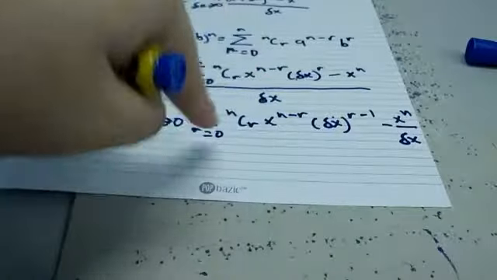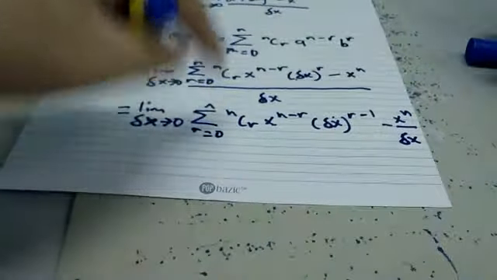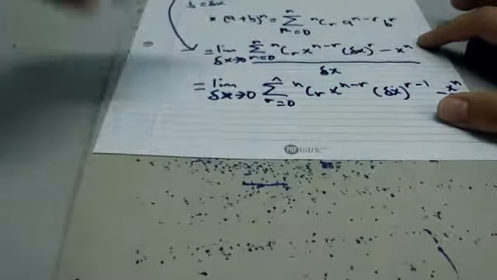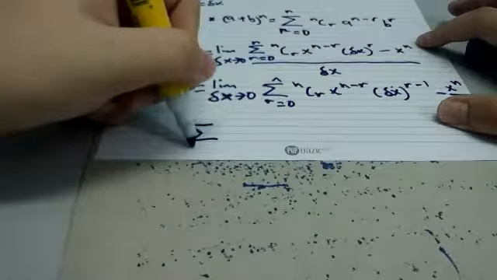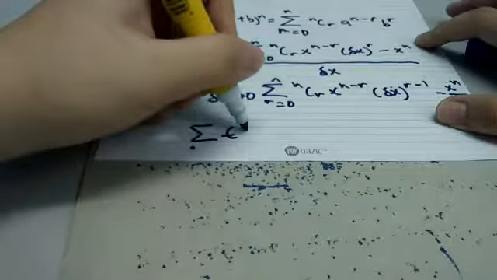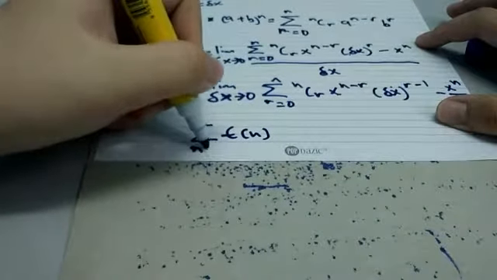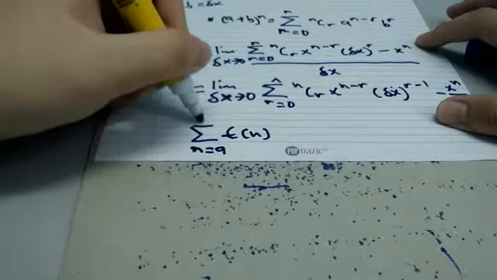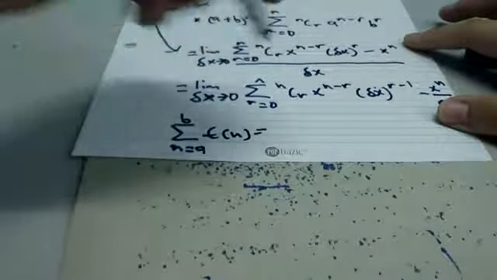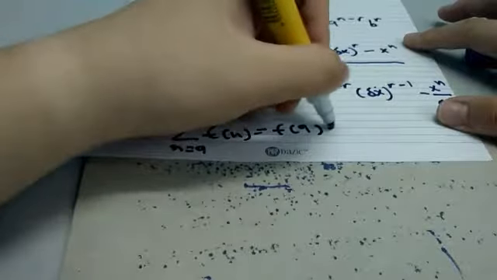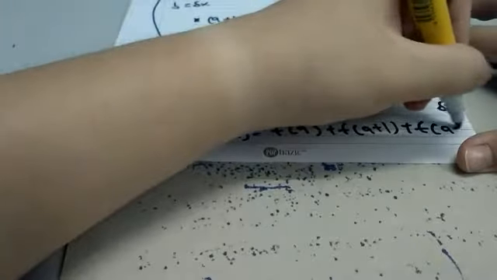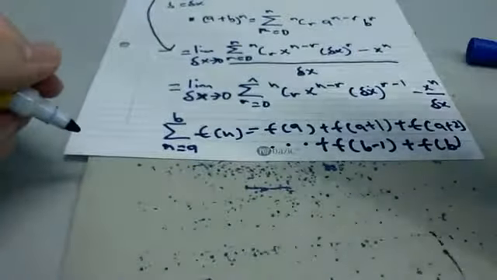But wait, when we expand this expression, now if you know how sigma works. Now if we have a term, let's say f of n, and n goes from a to b, then this is defined as f of a plus f of a plus 1 plus f of a plus 2, and so on, until plus f of b minus 1 plus f of b, and you're going to sum it up.